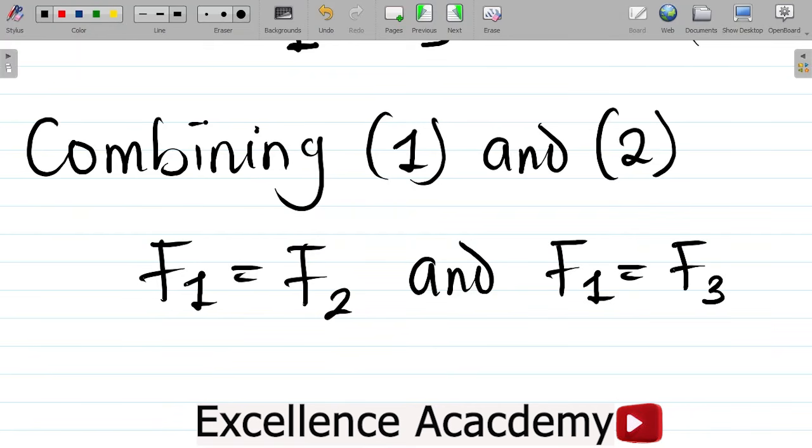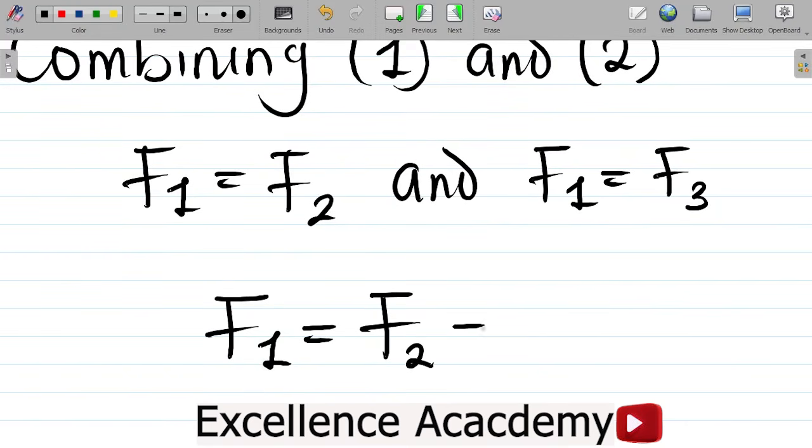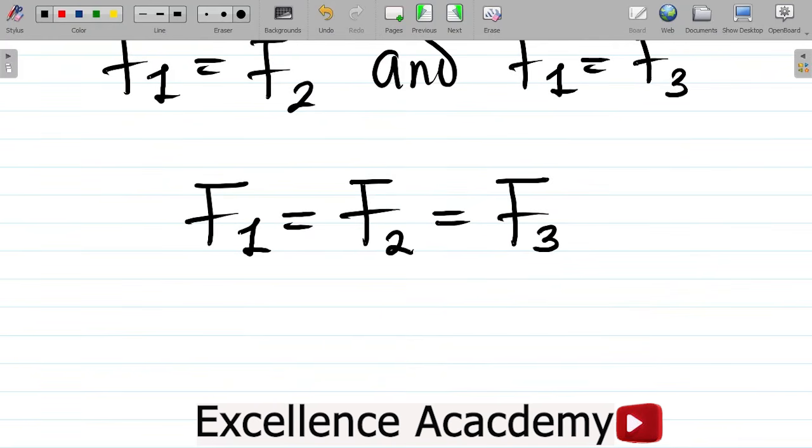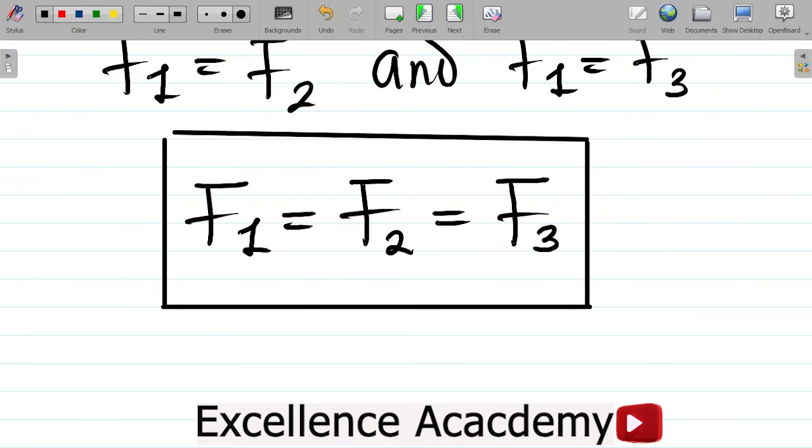So if F1 is equal to F2 and that same F1 is equal to F3, it simply means that F1 is equal to F2 and is still equal to F3. So here's your answer.